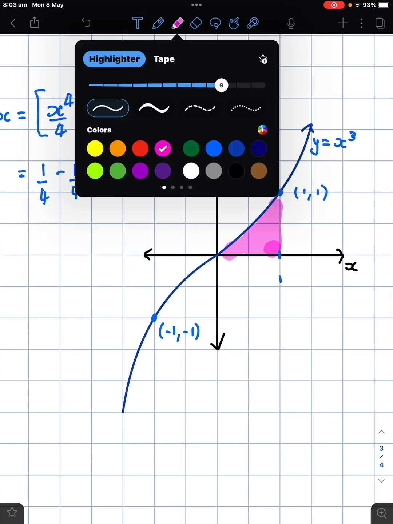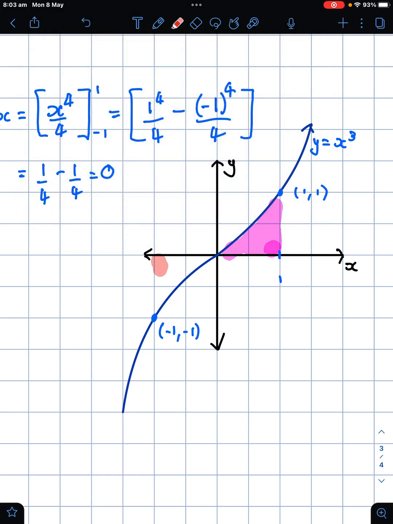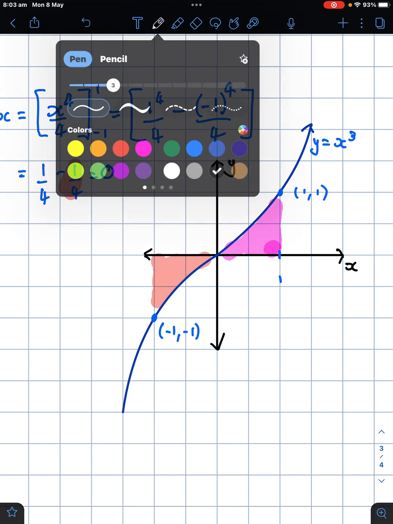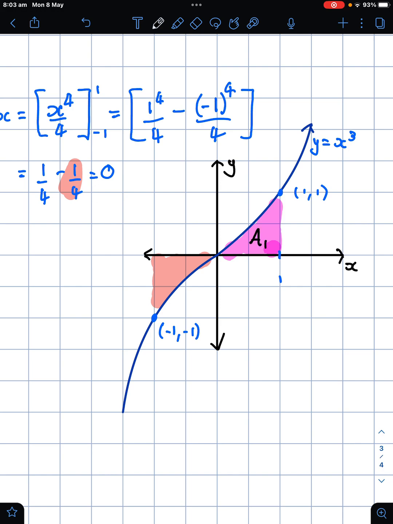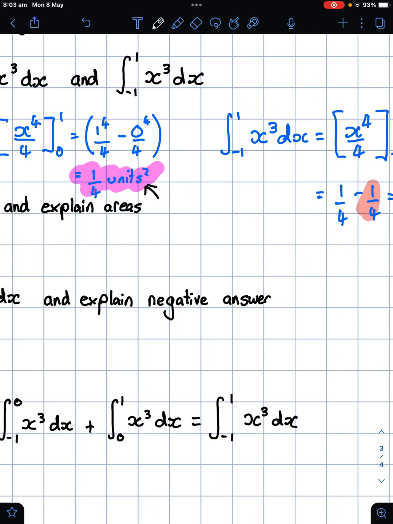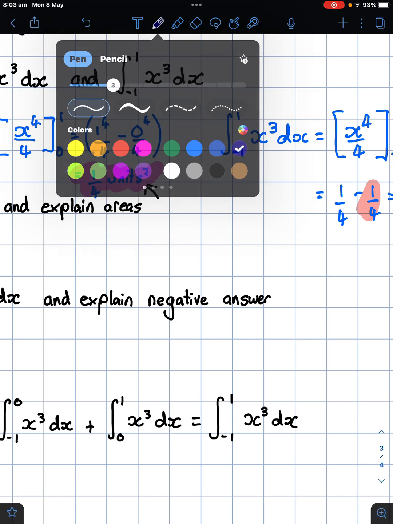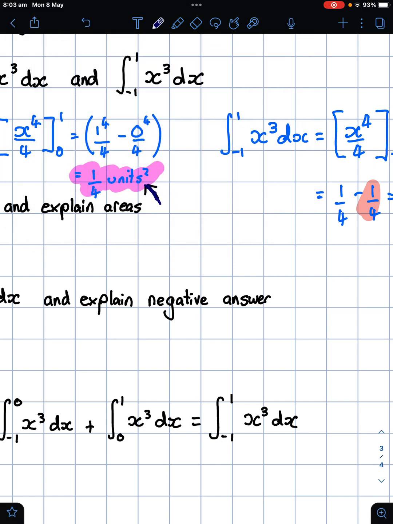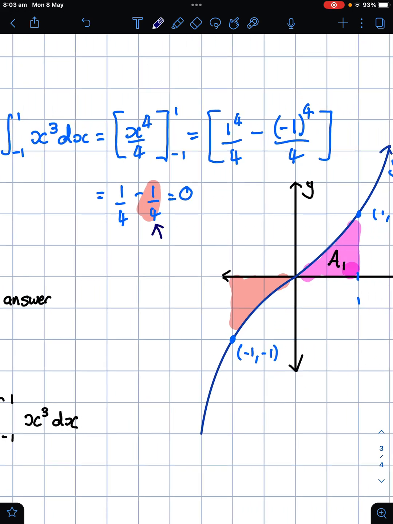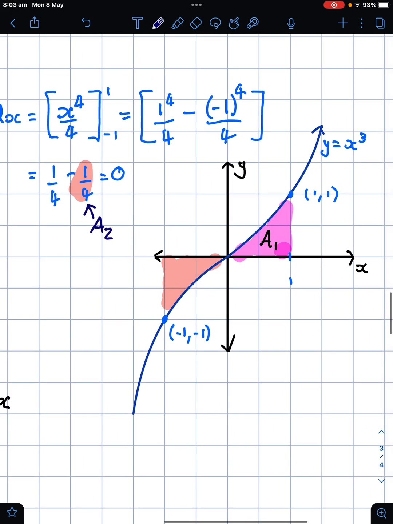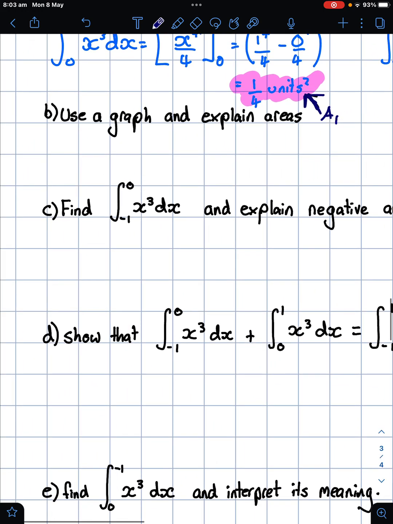When we do the same out the other side, we end up with 1/4 of a unit, but this area here is the negative. So this is area 1, which we will call, let's use the navy blue, and then we have this area 2, which is like a negative value that takes away from our integral.